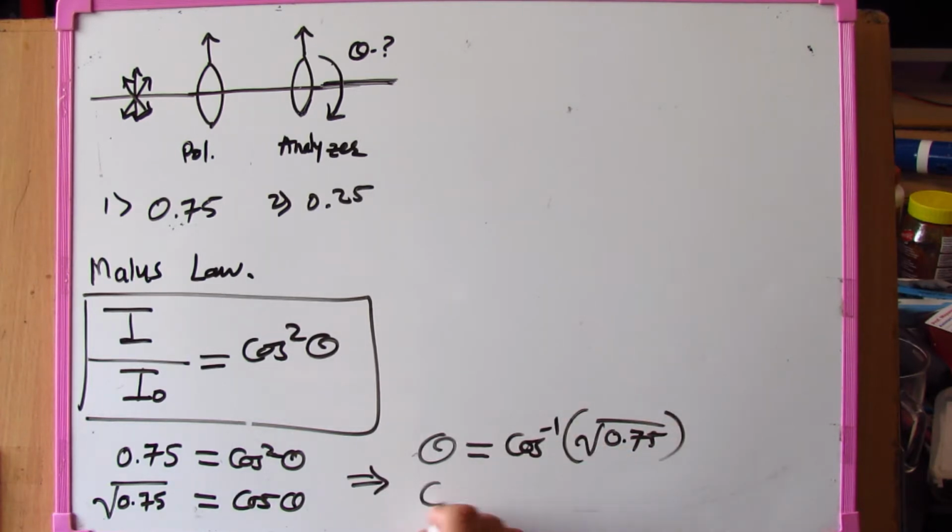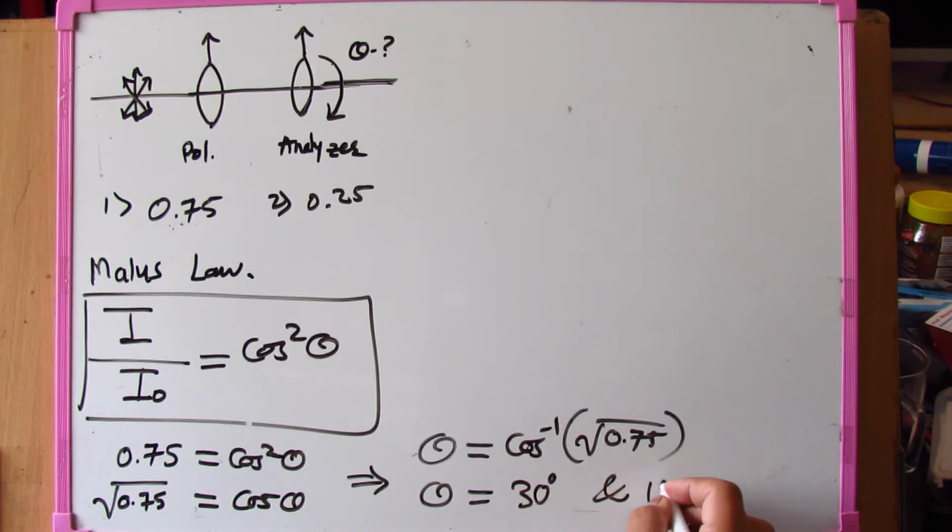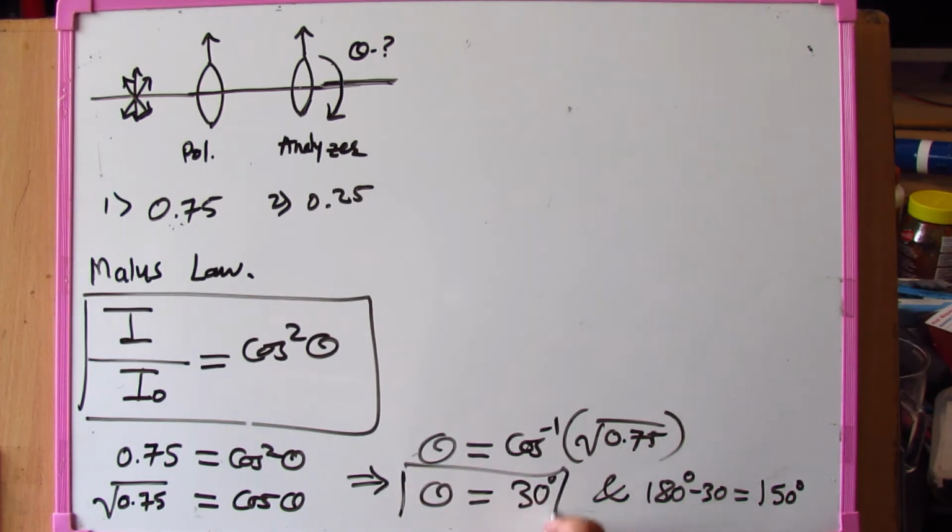If you simply solve this, you get the value, that is 30 degree, and you can also get 180 degree minus 30 degree, that is 150 degree. So of course this is the answer and also this is the answer.